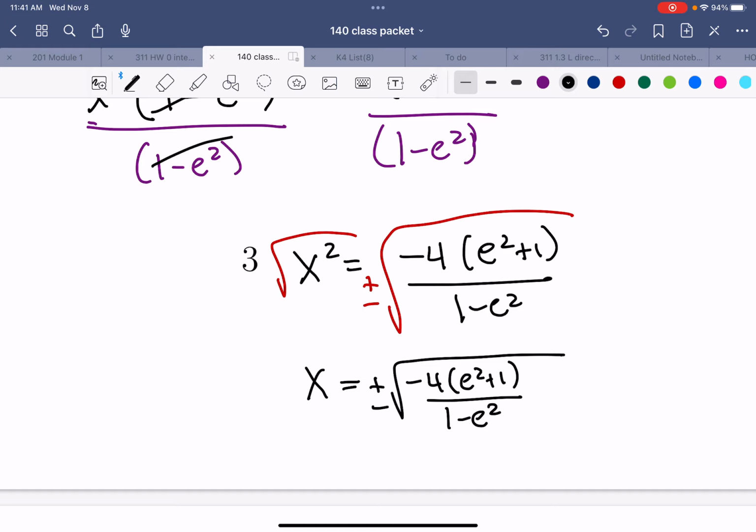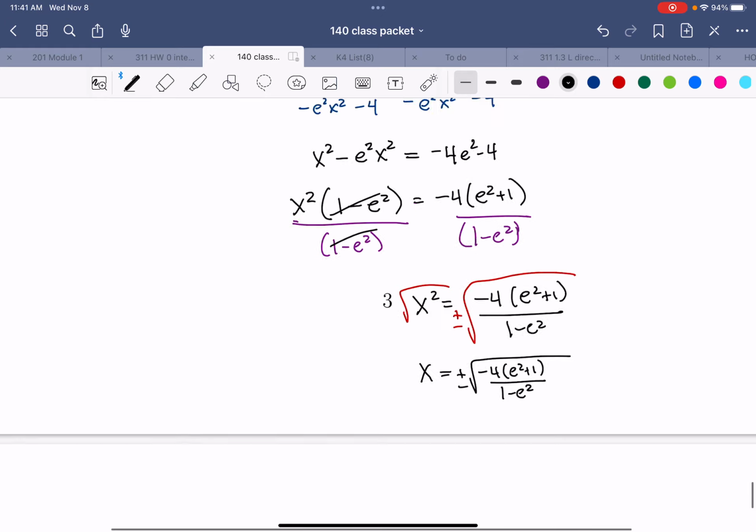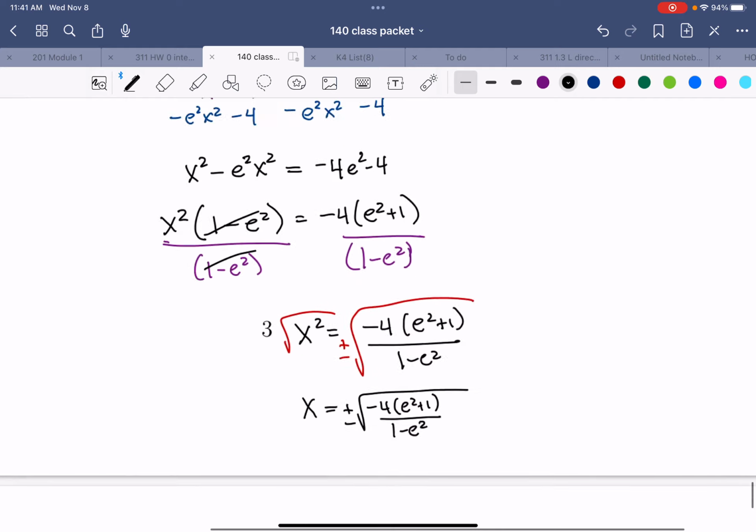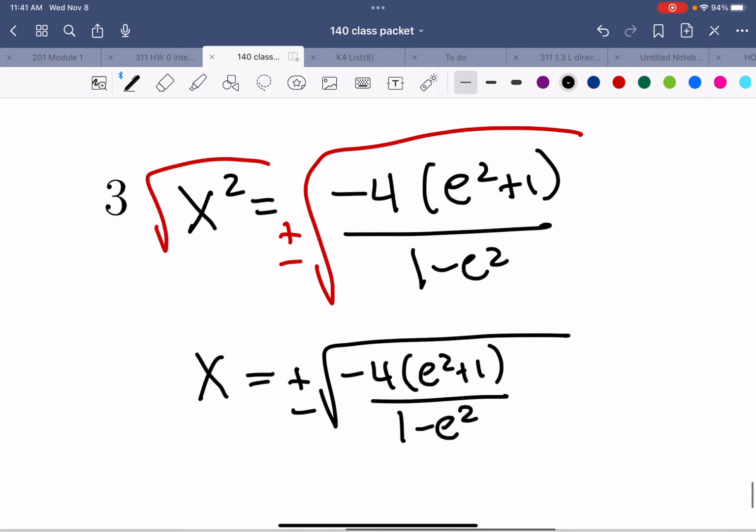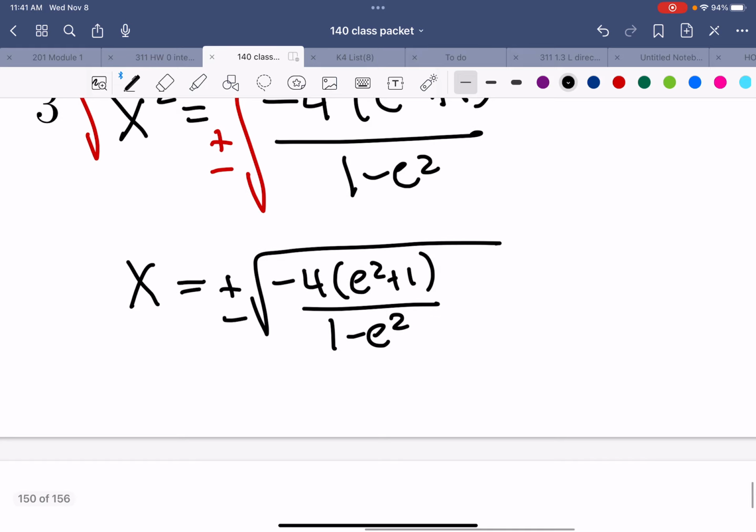Okay. All right, now something we want to check on. Anytime I get an x with logarithms that's negative, it makes me a little bit nervous. So let's see what this value represents.